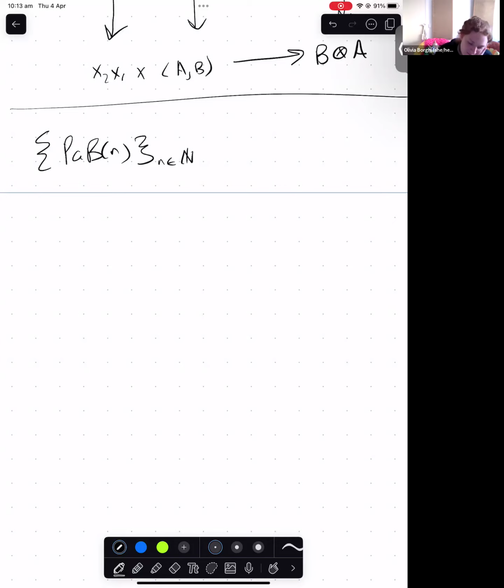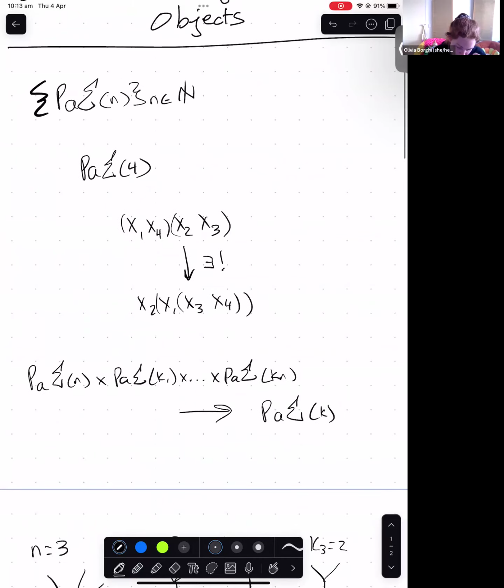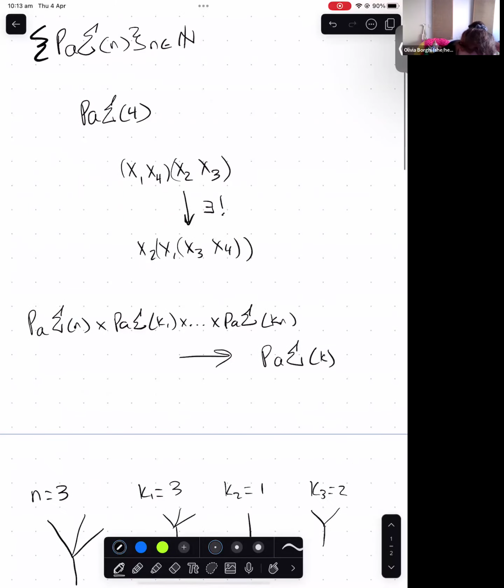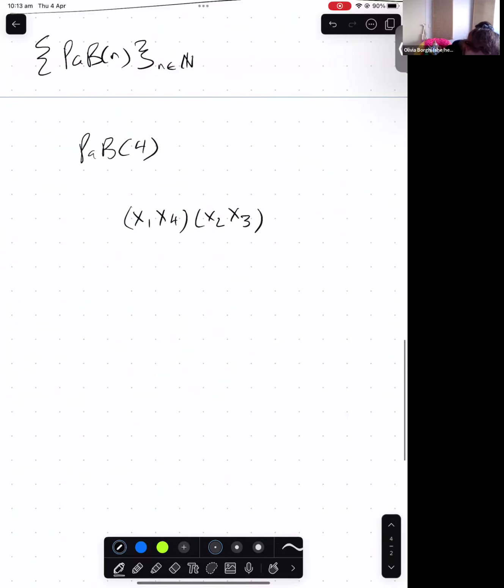So the objects of PAB, say 4, are going to be identical to the objects of PA sigma. So if I just look at the same object, x1, x4, x2, x3 here. And then x2, x1, x3, x4. I should put that lower.